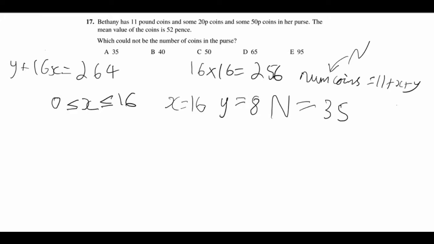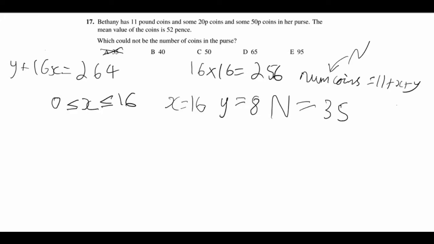So we know that 35 is possible. And so if we decrease the value of x by 1, then clearly the value of y must increase by a greater amount. And so what we can then do is start decreasing x by 1 and seeing what the value of y must be.